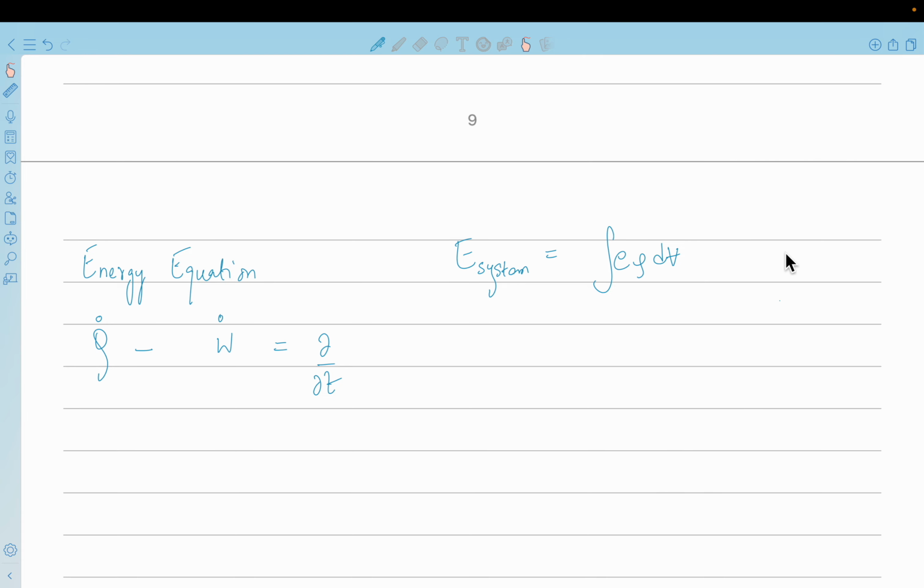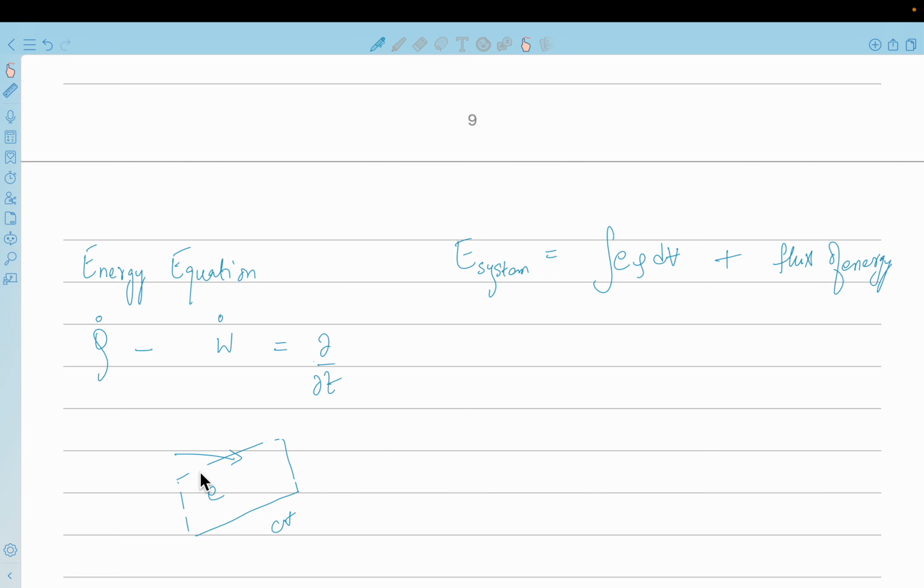and there is also the flux of energy. So you can imagine that you have drawn a control volume. There is already some internal energy, and that can change with time, and there is also some flux of energy.